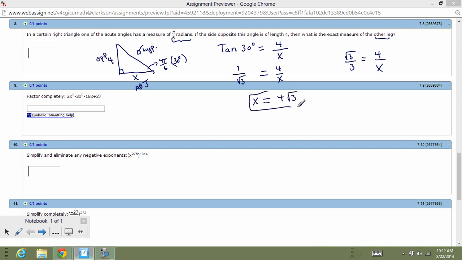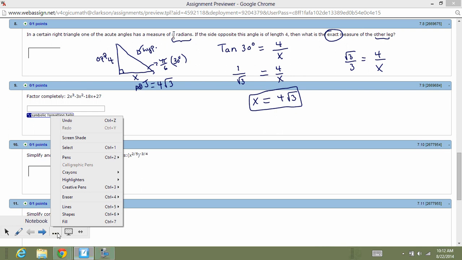And there's all they're looking for. That's our exact value, right? Because they asked for an exact measure. So the exact measure of the adjacent leg would be 4 times the square root of 3. Okay. And so that's question number 8.